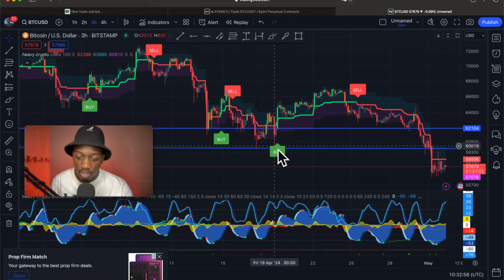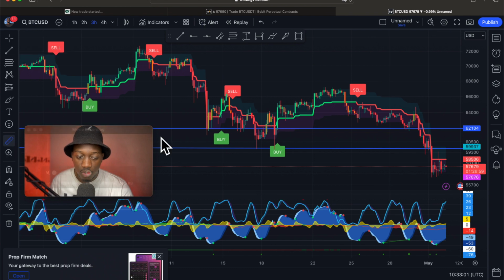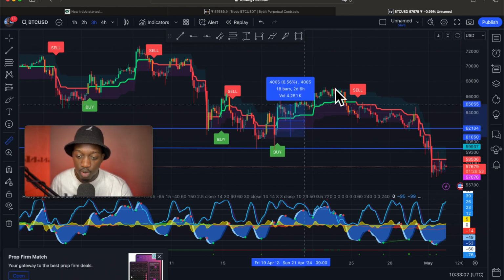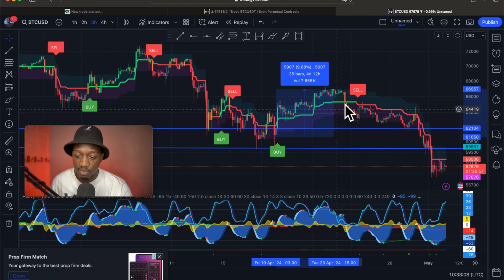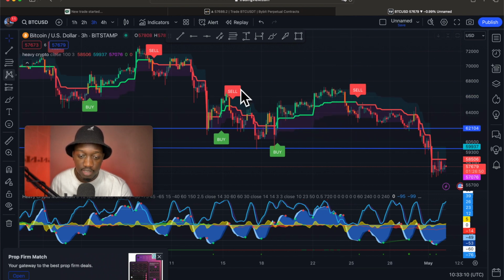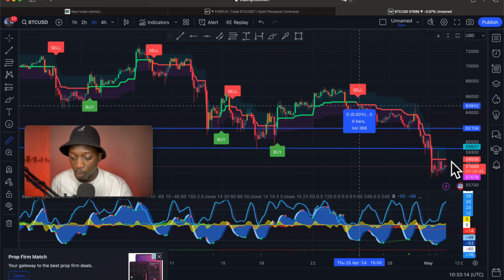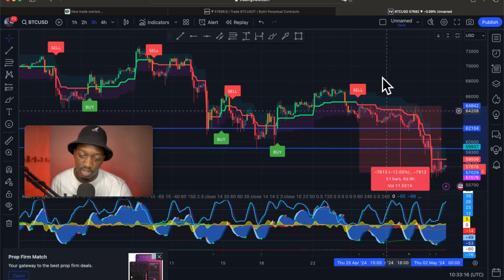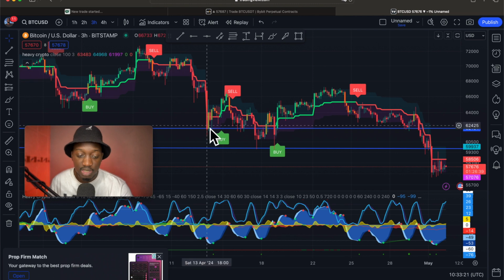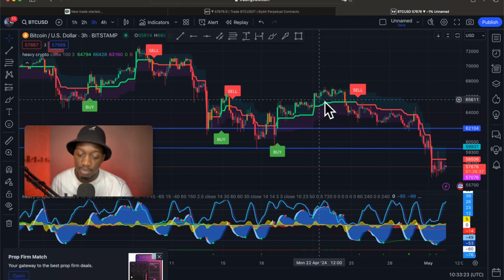If I get a signal like this, you can see that the price goes up. For example, right here, I got a buy signal and the price of Bitcoin went up approximately 9% to the upside. And right here, I got a sell signal and the price of Bitcoin went down approximately 11% to the downside. So these buy and sell signals work in real time.